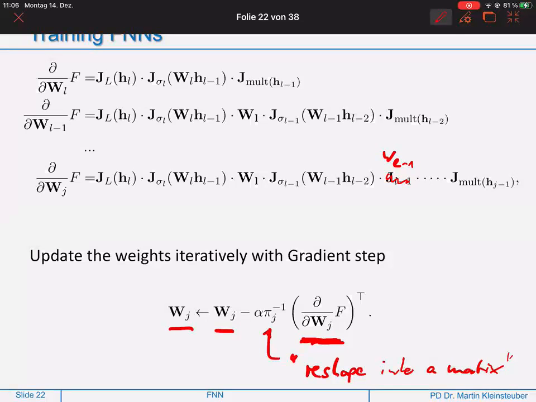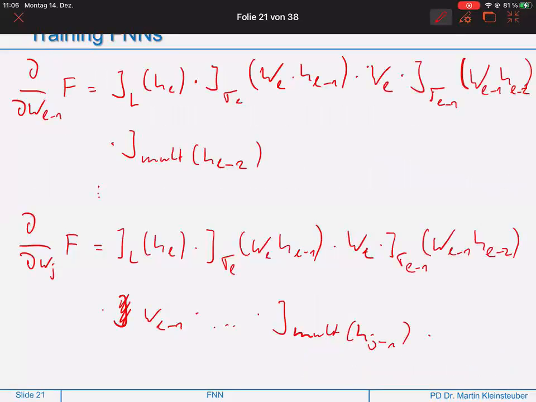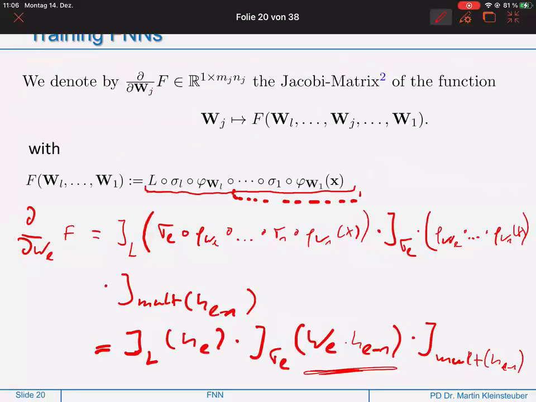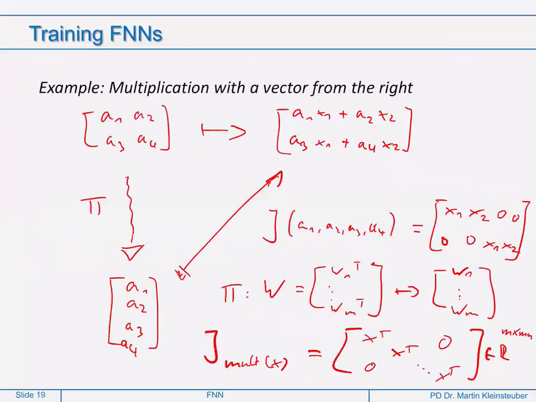Let's go through it again on a higher level, or see what we have done. If we have this multiplication with a vector from the right, or if we want to build the derivative of functions of this form, I have a function f, and the input of this function is a matrix. I think this is the main thing.